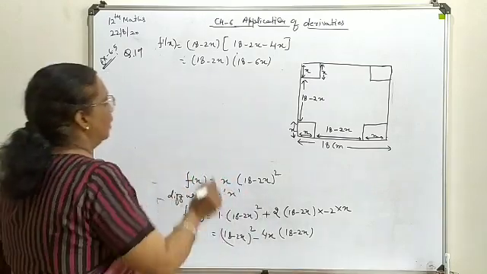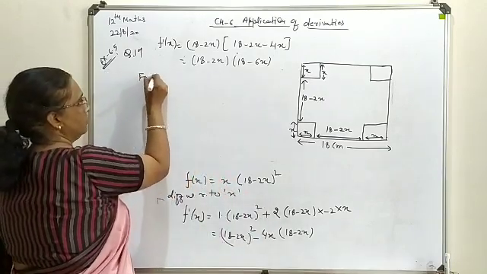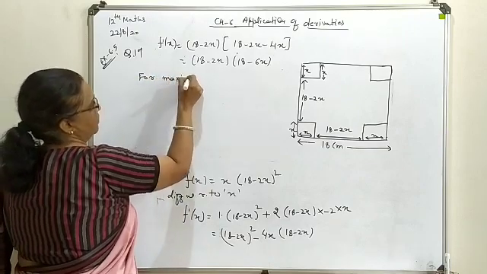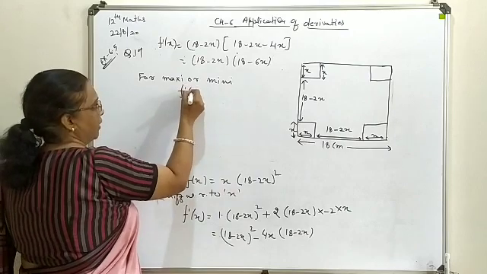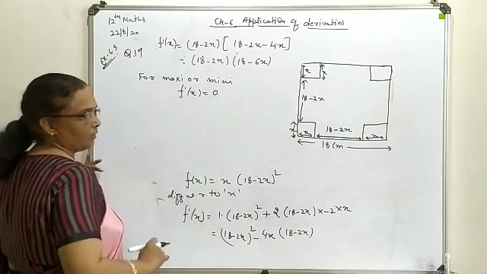So here for maxima or minima, f dash x will tend to 0.